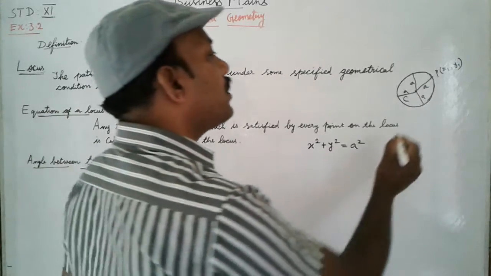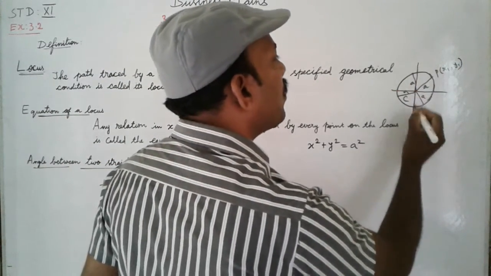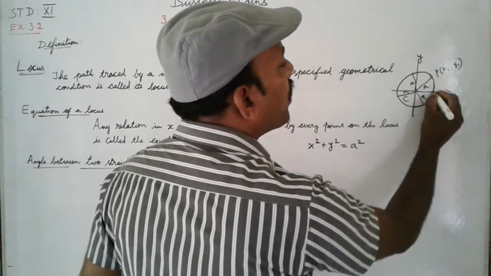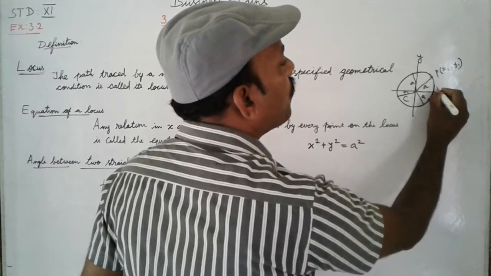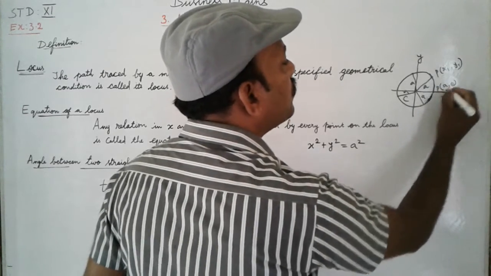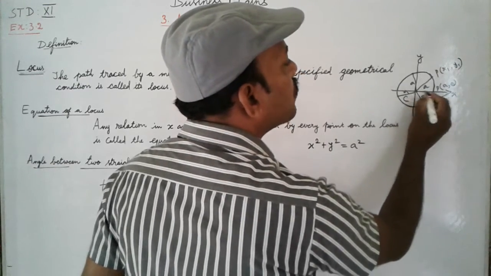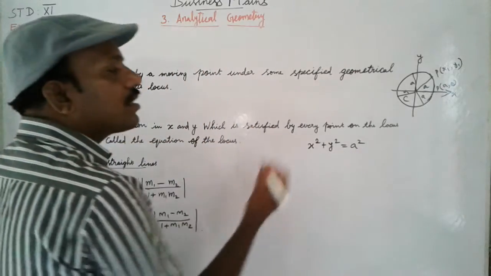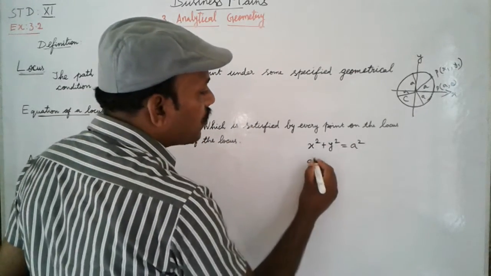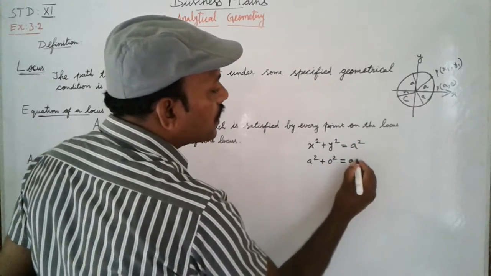Suppose we take the x axis and y axis. Any one point on the circle, moving point P, is here a comma 0. This is on the x axis, y value is 0, x value is a. We substitute into this equation: x is a, so a square plus y value 0 square equal to a square.